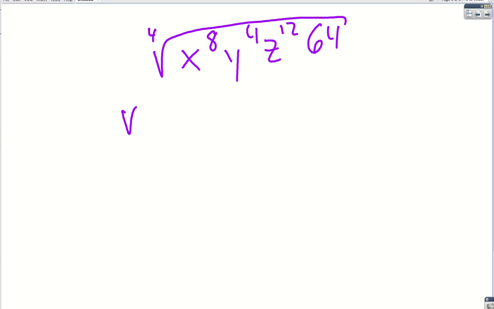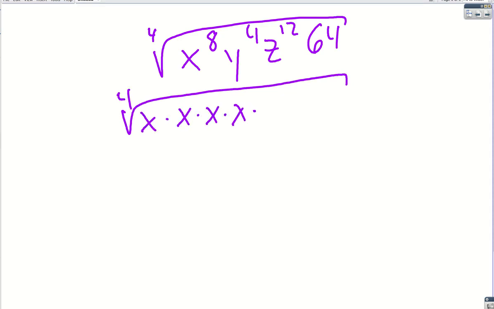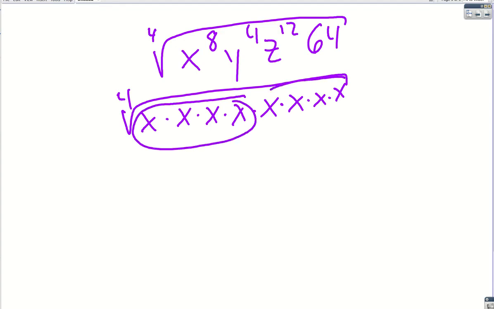So if I were just to do the x's, that'd be x, 1, 2, 3, 4, 5, 6, 7, 8. And that means I can count 1, 2, 3, 4 because it's quads. There's one group. And there's another group of 4. Which means that I have x times x get to come out, which simplifies to x squared.